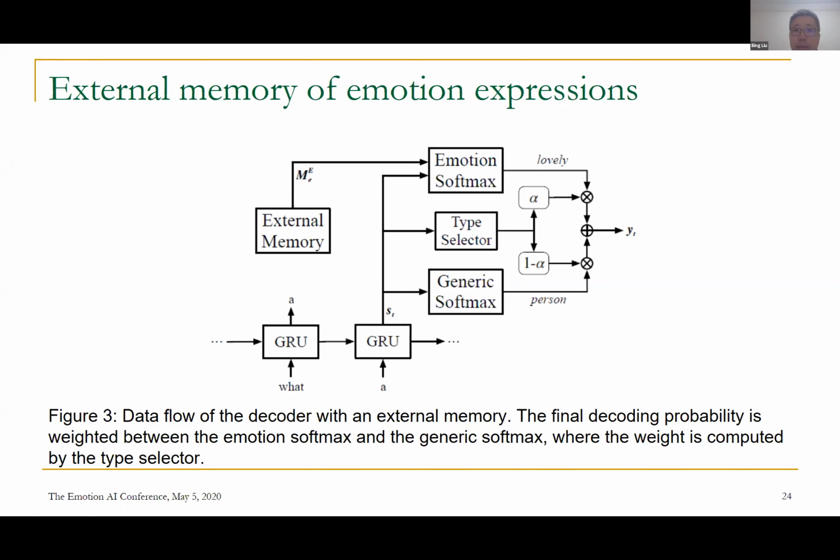This is combined together and gives us a probability vector, and based on that we do the sampling to generate the next words. Obviously, this is more complex.